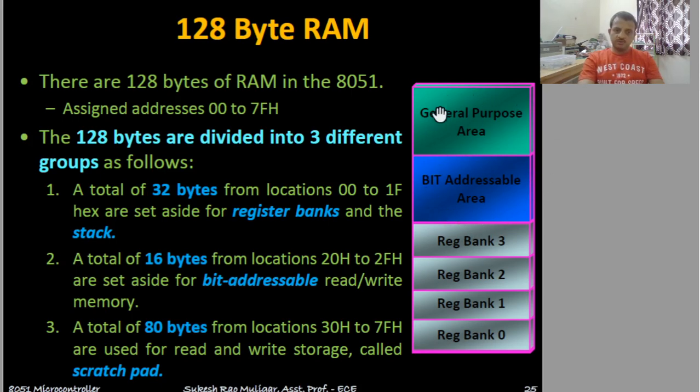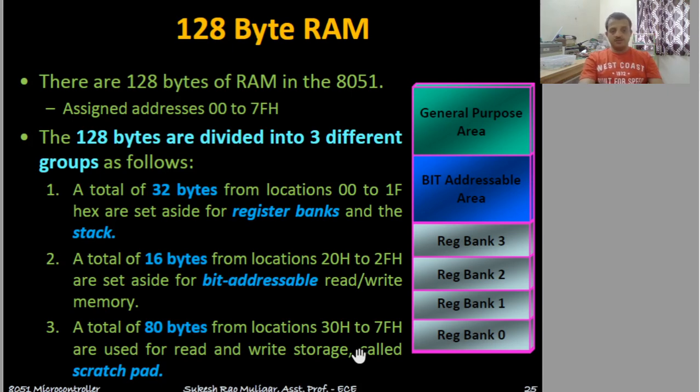Then a general purpose area. There are fixed locations for each division: register banks are 00 to 1F, then 20 to 2F is bit addressable, and 30 to 7F is scratch pad memory. That's how it is divided.